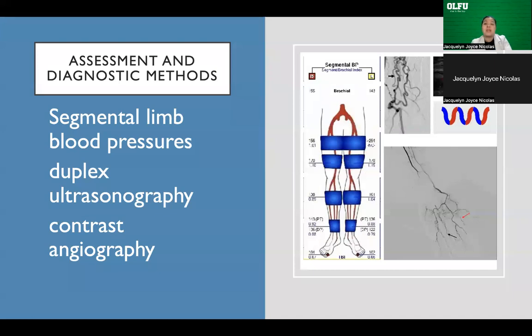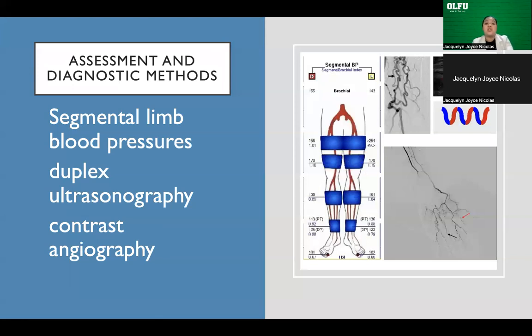So if the upper extremity is affected, we do it on the upper extremity for us to identify where the obstruction is located. Okay. If it's the lower extremity, then you have to do it on the thighs and the legs. Okay. Duplex ultrasonography. So yan, you are also measuring naman kasi yung flow ng blood. You are detecting, let's say, problems with blood flow. Okay, makikita nyo kung may obstruction.